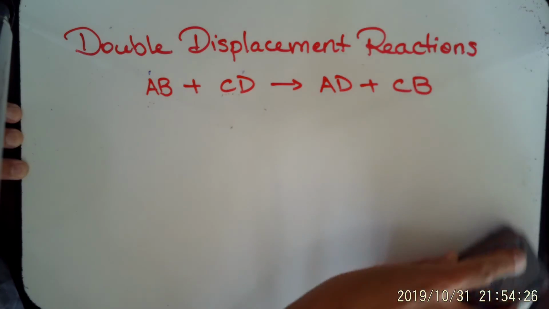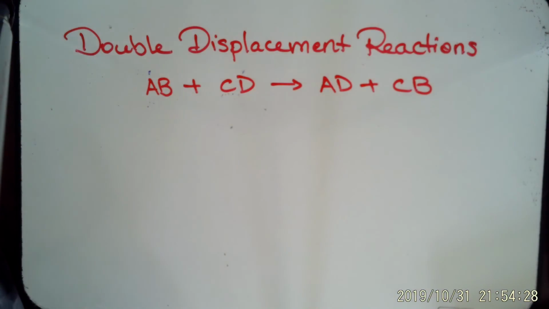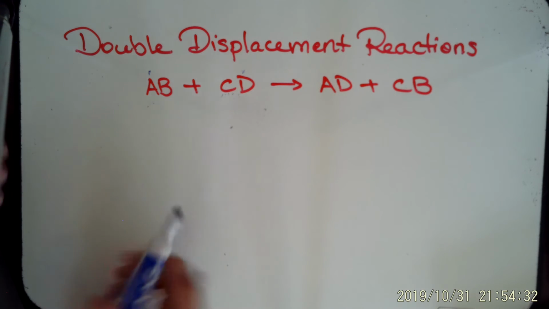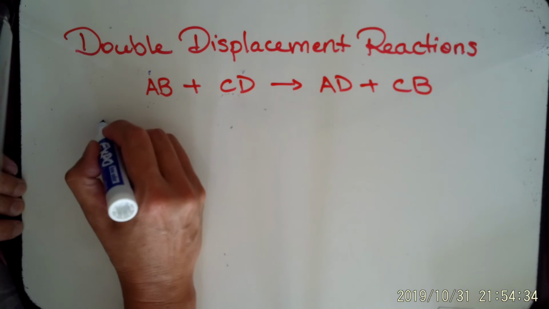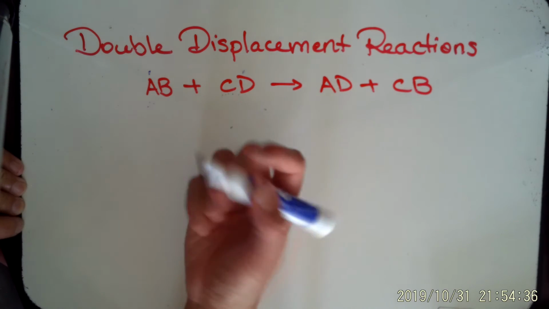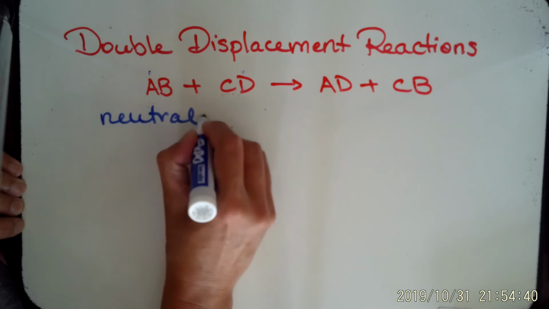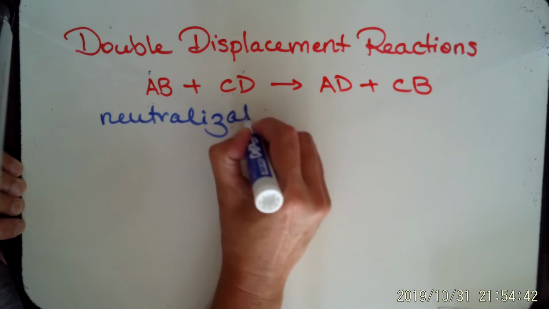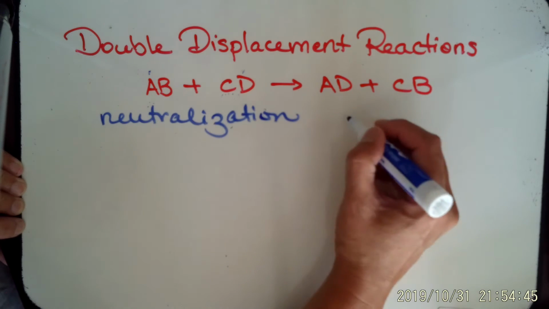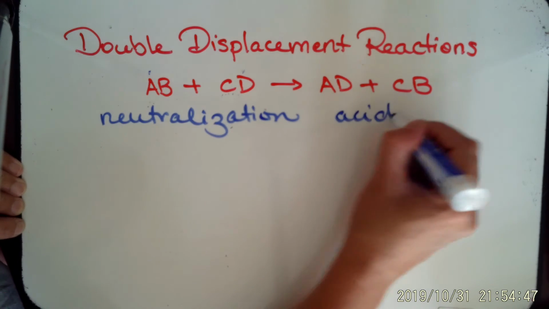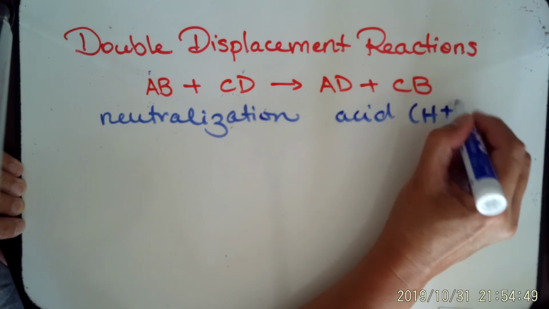What other types of double displacement reactions do we know? Well, we also have neutralization, where we form water, okay? So remember, an acid gives you H plus in solution.